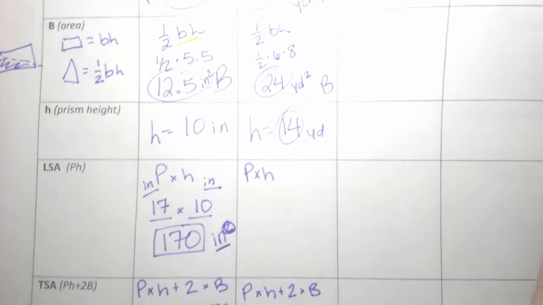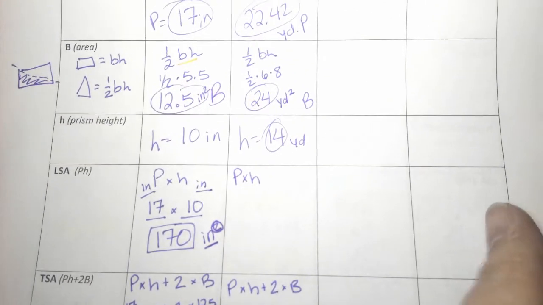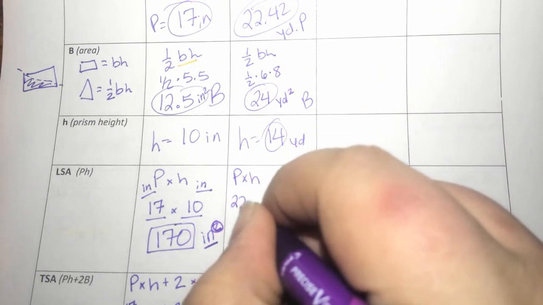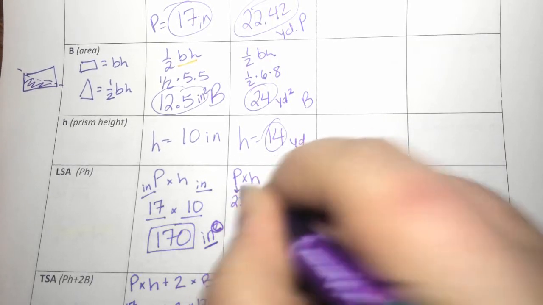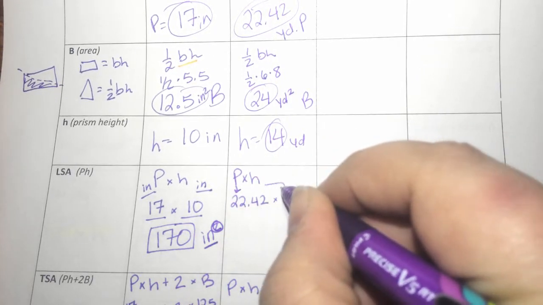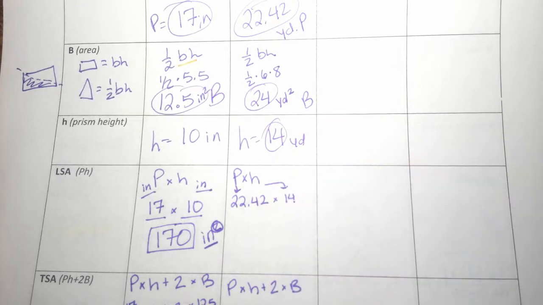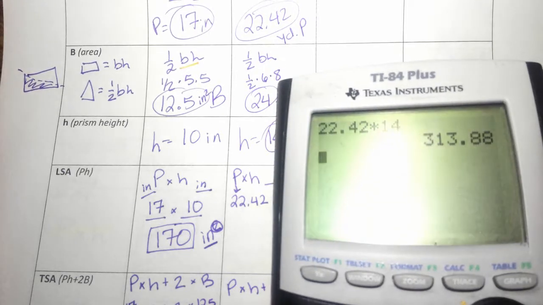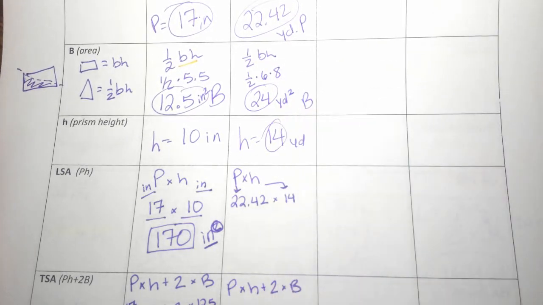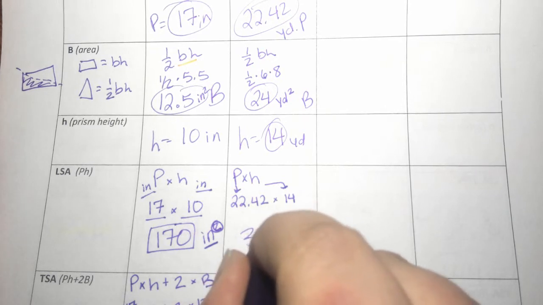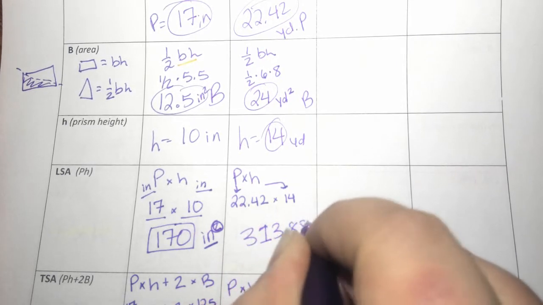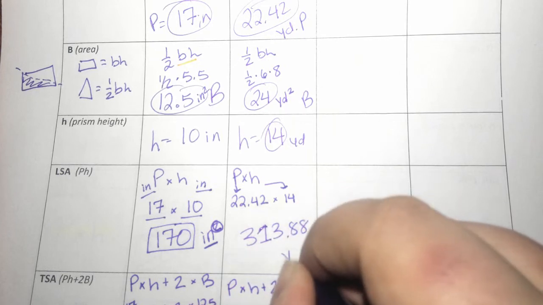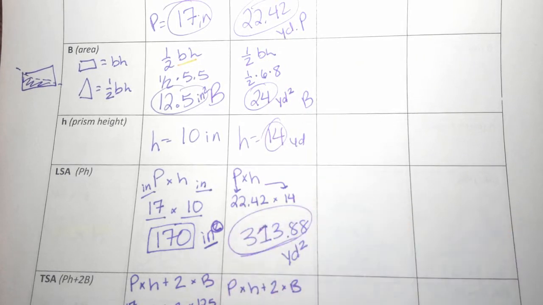P times H is 22.42 to substitute in for P, times H is 14. 22 and 42 hundredths times 14 is 313.88. This is measuring 2D space, so that's yards squared.